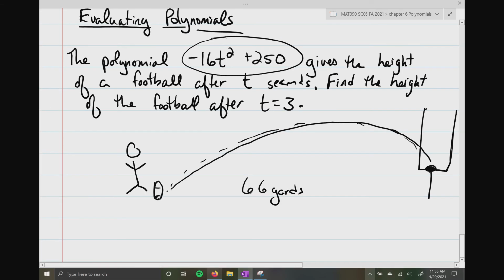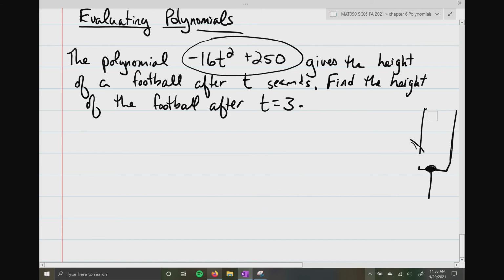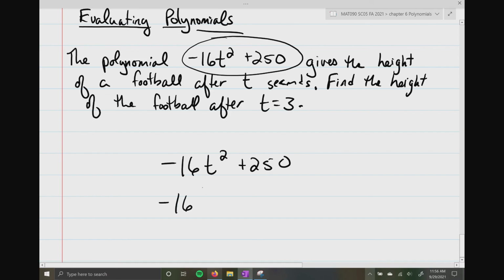So when we see the words evaluating polynomials, what we are really thinking of is substituting in and simplifying. So what I like to do is rewrite the problem. You know me, I'm old school. Directly underneath, I will put my parentheses, and then I make my substitution.